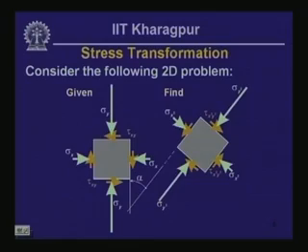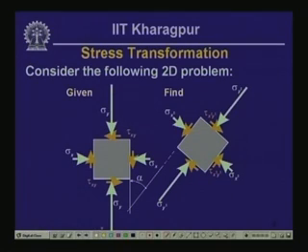If we have a transformed coordinate system x prime y prime, we want to be able to calculate what are the stresses occurring on that particular plane element. So, graphically stated, what we know in this case is sigma x, sigma y and tau xy. All these are known.